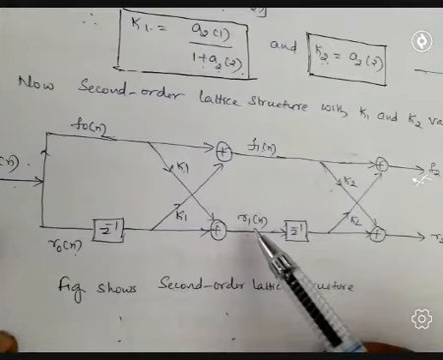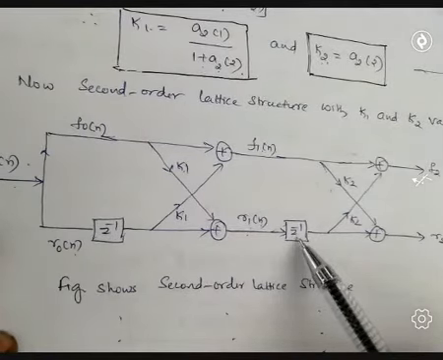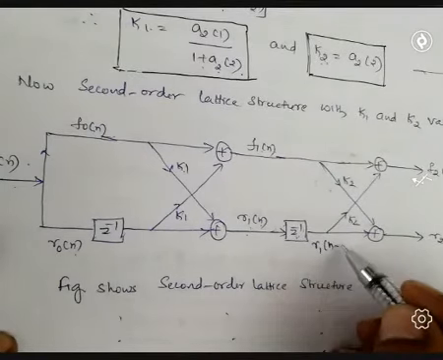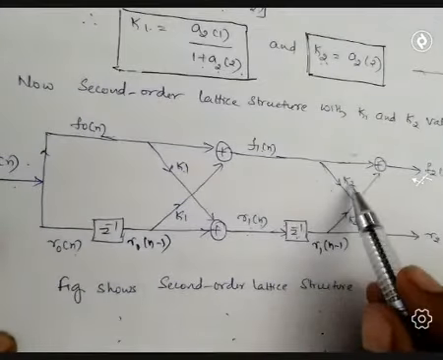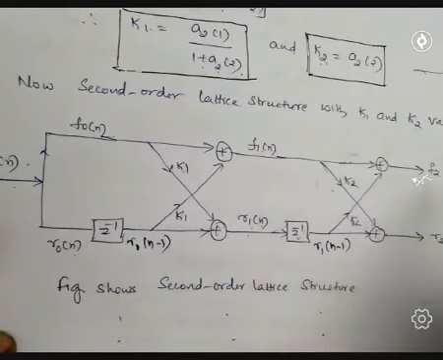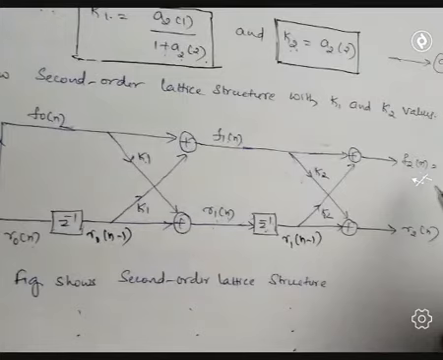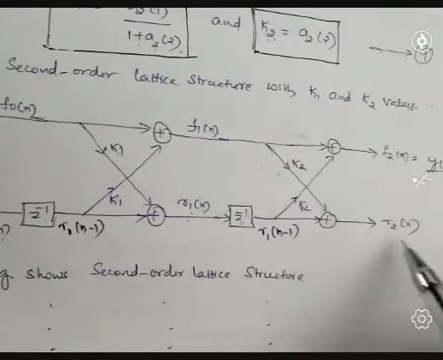Then we made the second time delay in the second order lattice structure, z to the power minus 1. We got here r1 of n minus 1, here we got r0 of n minus 1, and the second order coefficient term k2, and finally in the second order lattice structure the output is y of n. That output is represented as f2 of n, the upper channel output, and r2 of n, the lower channel output.